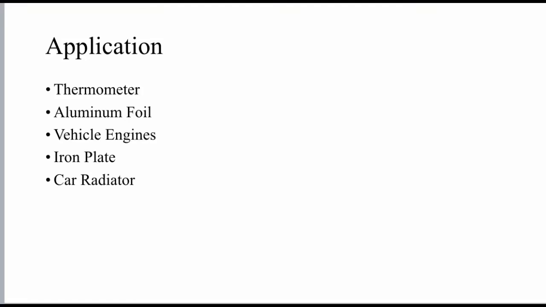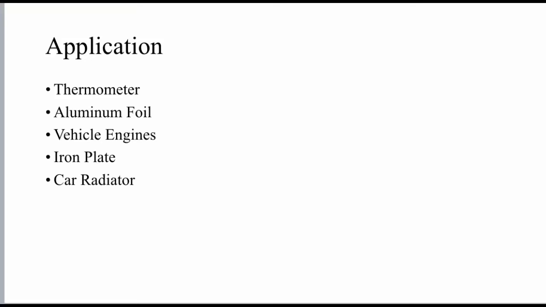Next, I will explain applications of the conductor. Conductors are quite useful in many ways. They find use in many real-life applications. First, mercury is a common thermometer component for body temperature tests. Second, aluminium finds use in manufacture of foils to store food and also in the manufacture of fry pans to quickly conduct heat.